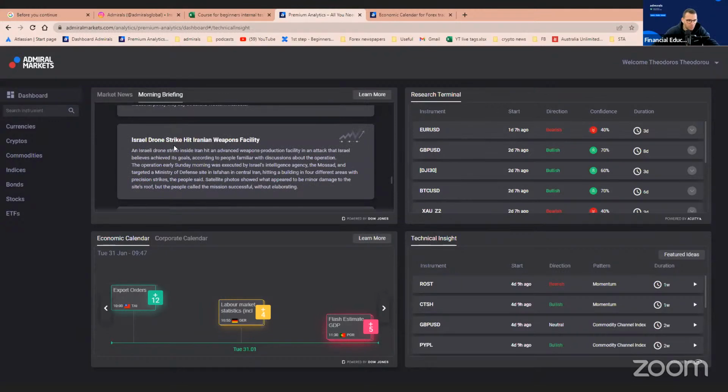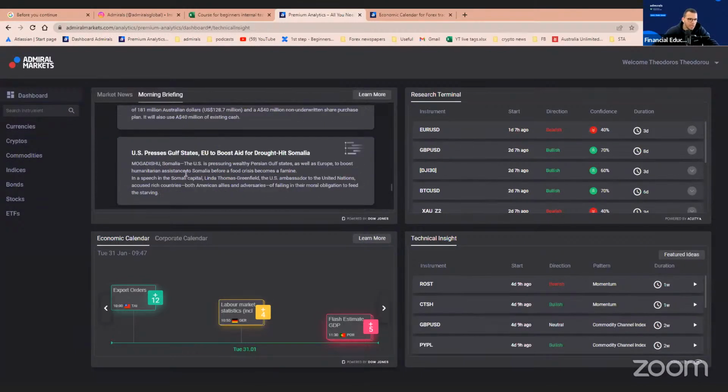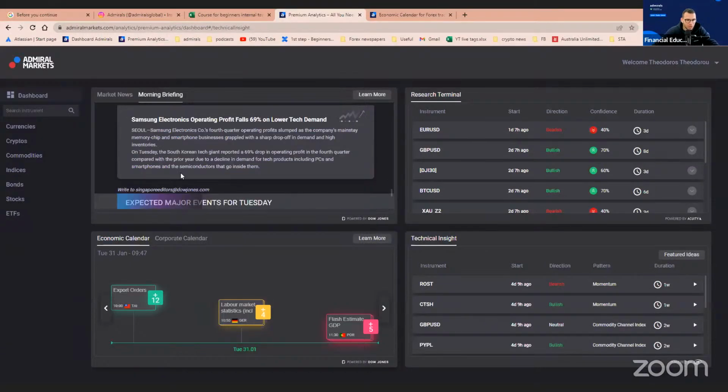Israel drone strike hit Iranian weapon facility. Flight Center to acquire UK luxury travel brand Scott Dunn. U.S. presses Gulf state EU to boost aid for drought hit Somalia. Samsung Electronics operating profit falls 69% on lower tech demand.